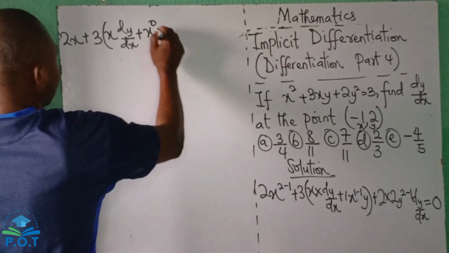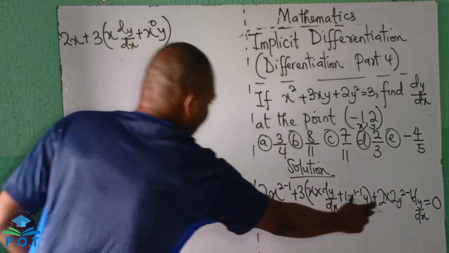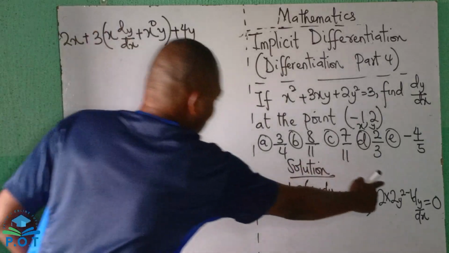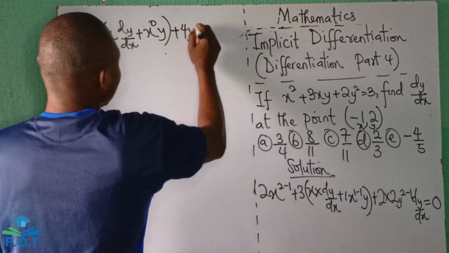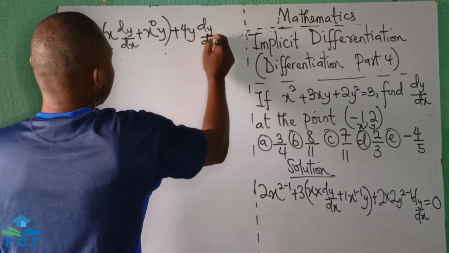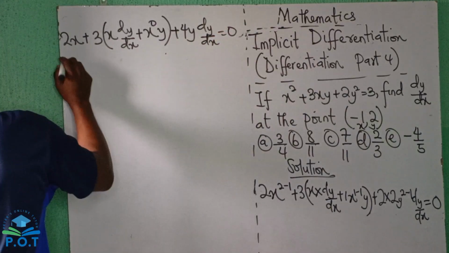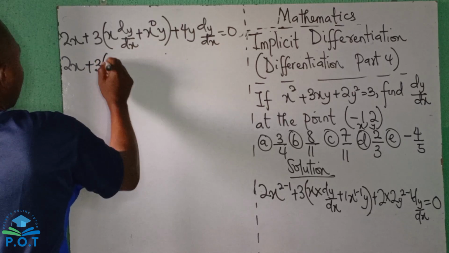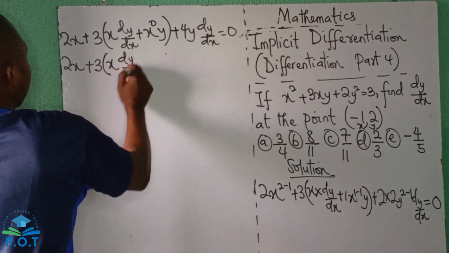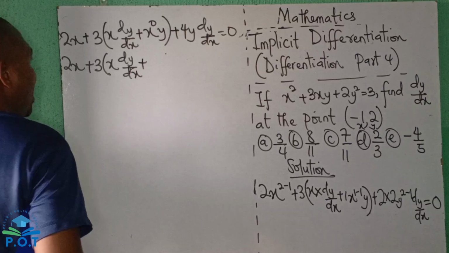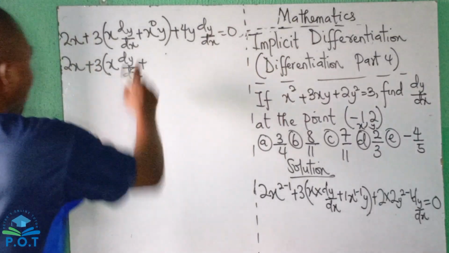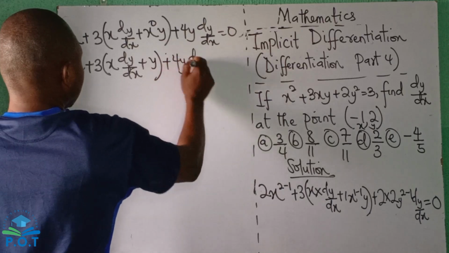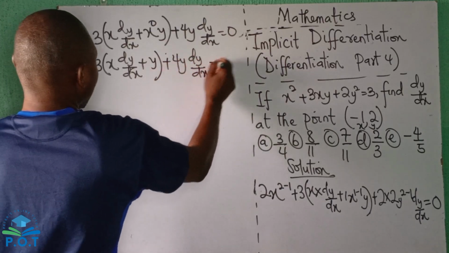This is my y, bracket close, plus 2 times 2, which is 4, y, 2 minus 1 is 1, then I'm having my dy/dx equals 0. And here is 2x plus 3, brackets open, x dy/dx plus x raised to the power of 0 is 1, 1 times y is y, plus 4y dy/dx equals 0.